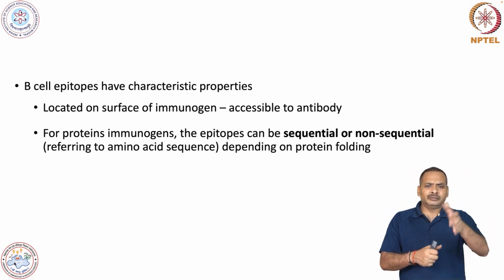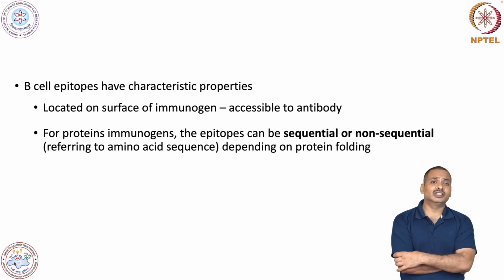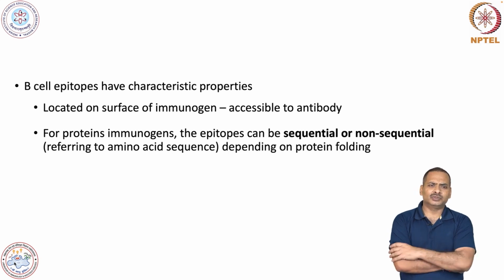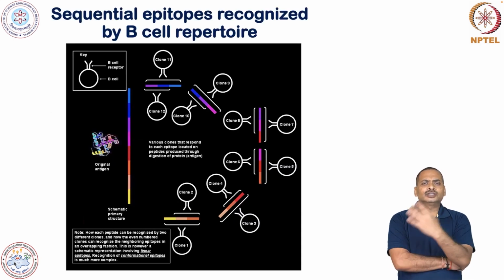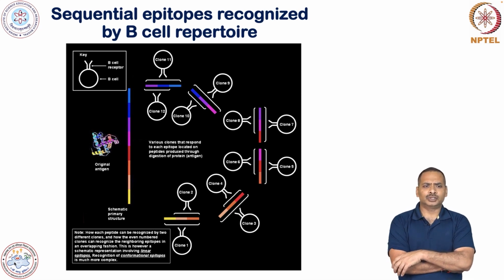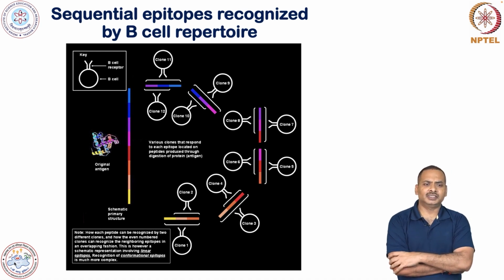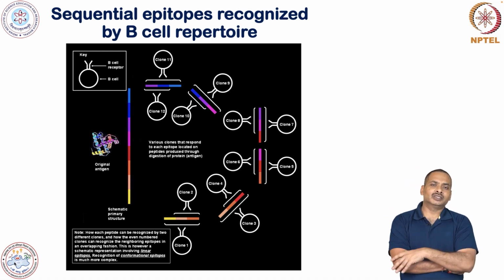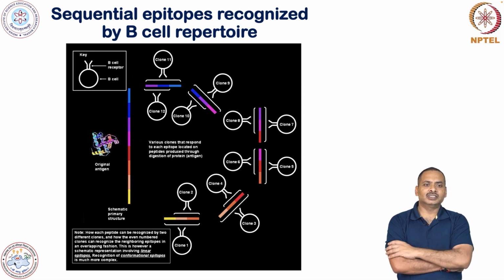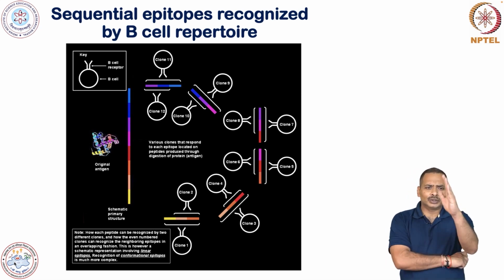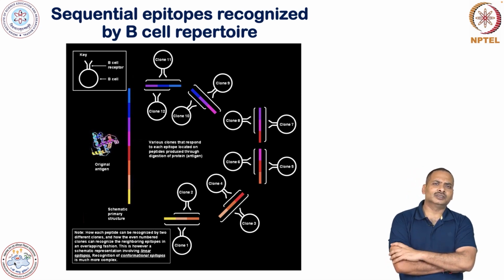Okay, so let me explain what the sequential and non-sequential epitope is. I have a very nice scheme with which you can easily understand. So, sequential epitope recognized by B cell repertoire. Here you can see there is one polypeptide chain, which is represented in colors. One end has a yellow color and another end has a blue color. So, you can understand this is a kind of sequence.